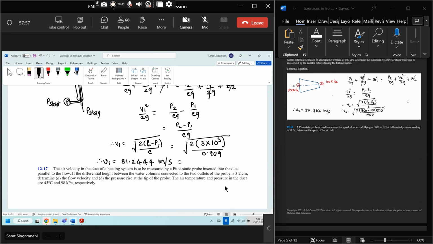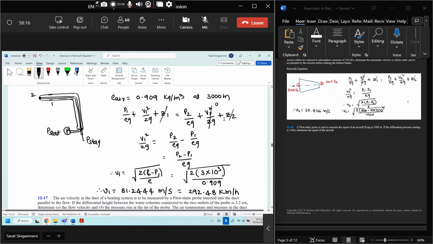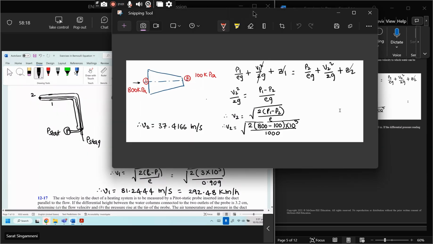So that meter per second is a little bit confusing in the case of an airplane. If you convert that into kilometers per hour, this is equal to 292.48 kilometers per hour. That is the story of this pitot tube attached to the nose of an airplane.